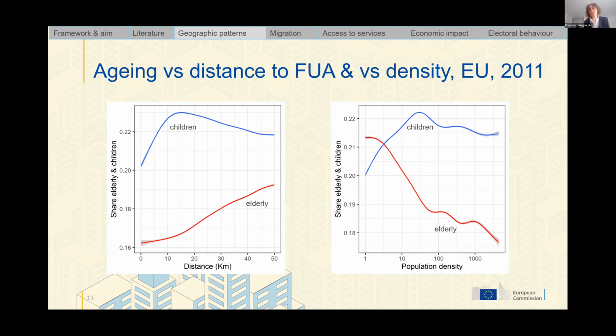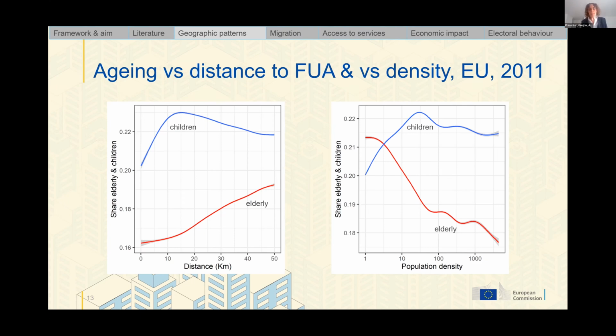And as expected, the share of elderly increases consistently and regularly with distance from the city centers, and it declines regularly also along the density. And this is at the European Union level, I forgot to say.